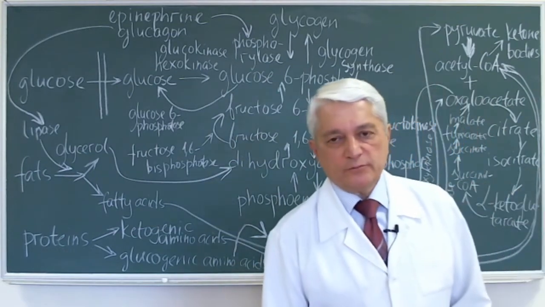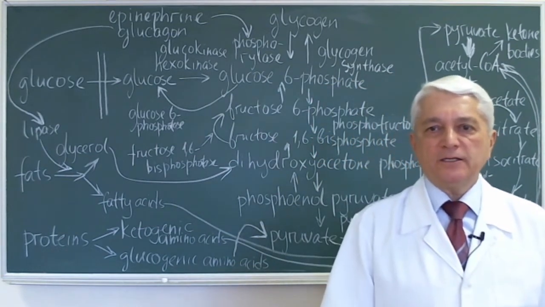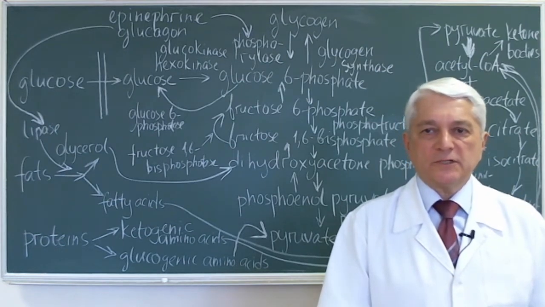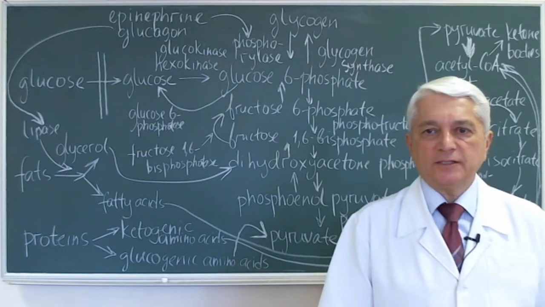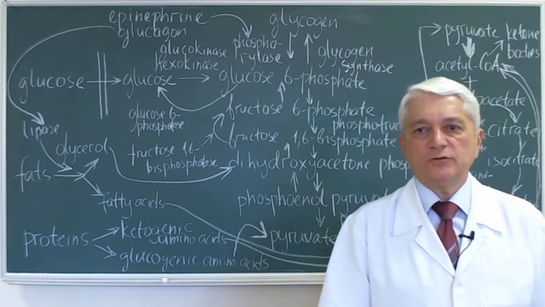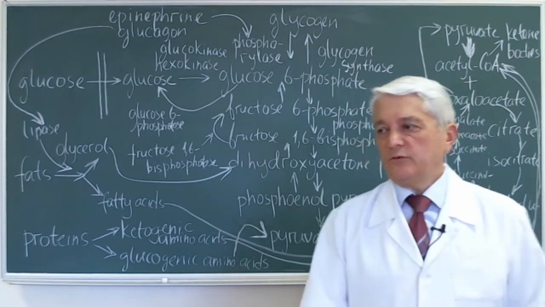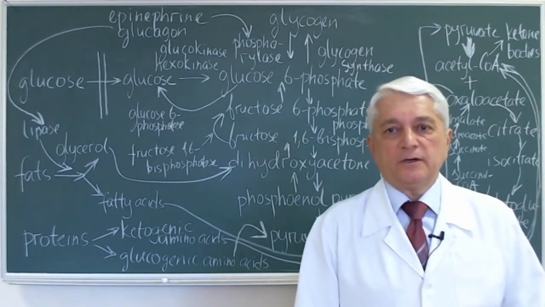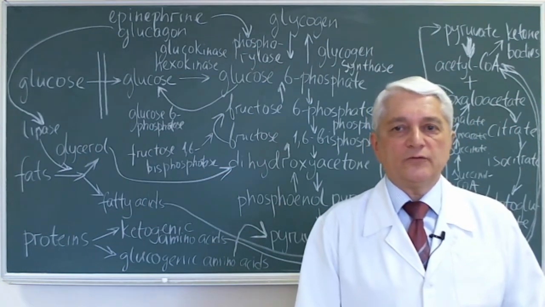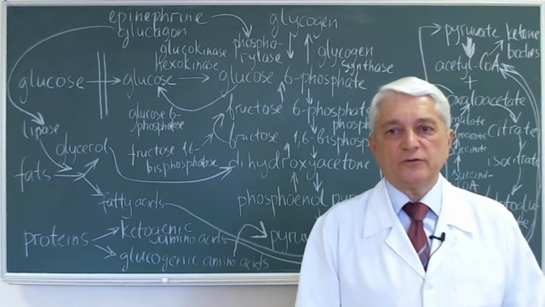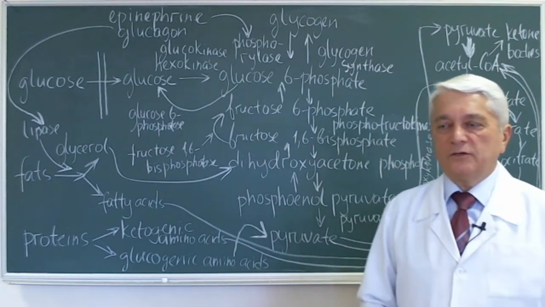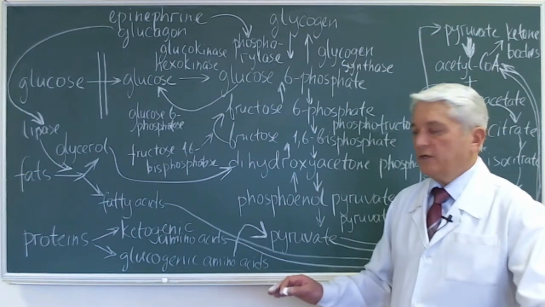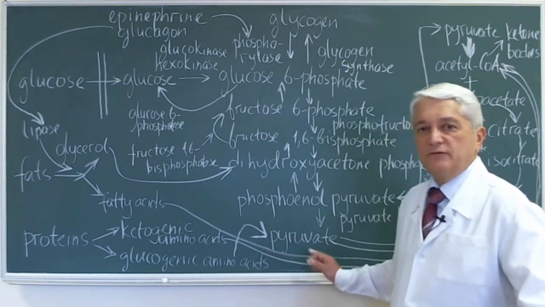If you take alanine, then after taking away amino group and changing it to keto group, you will immediately receive pyruvate. If you remember the formula of alanine, it is very simple for you to understand.